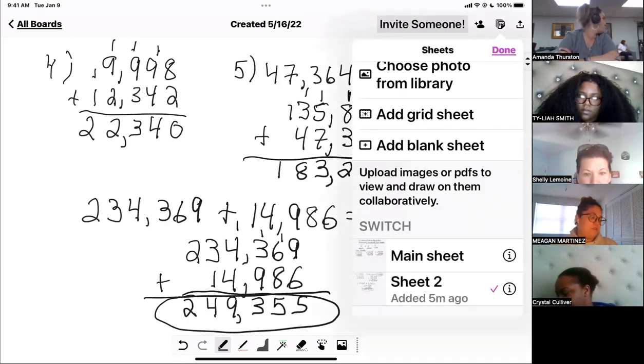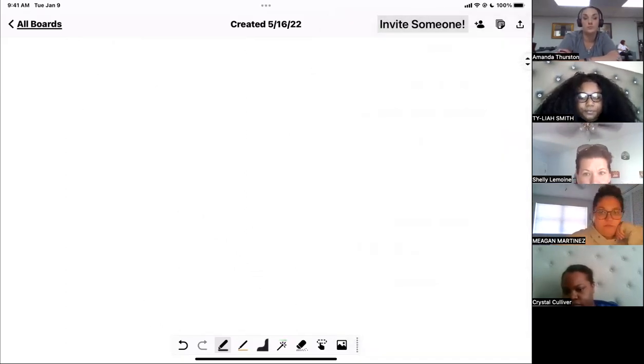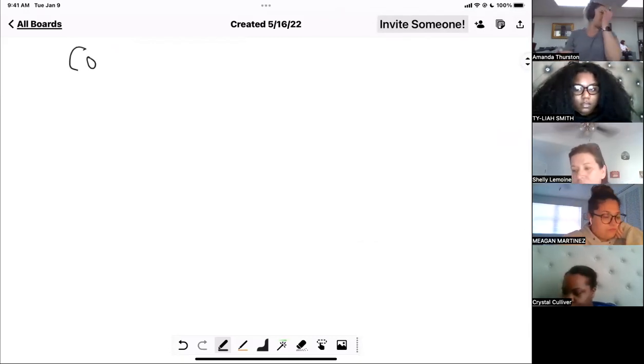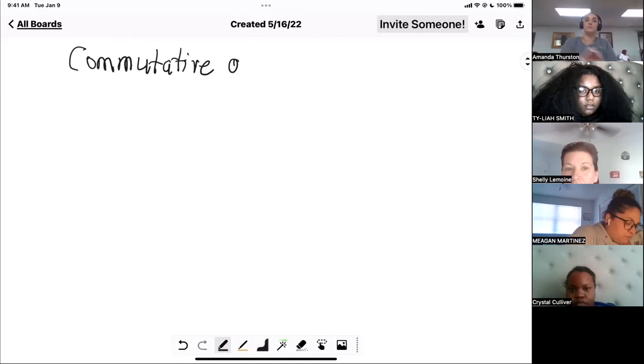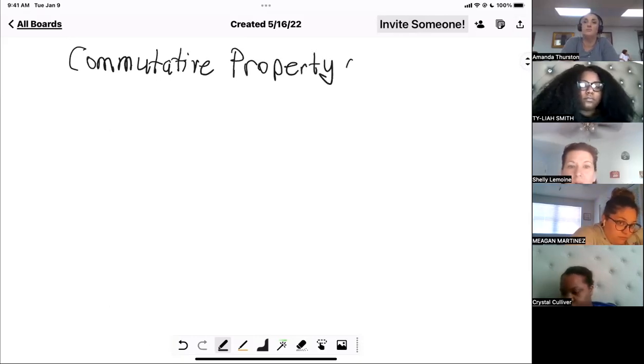So of course with math, there's always special properties we have to talk about. And this is also same thing with adding, and subtracting. So there's something called commutative property of addition. Whoops, forgot the word property. I said it, but I didn't write it. Of addition.